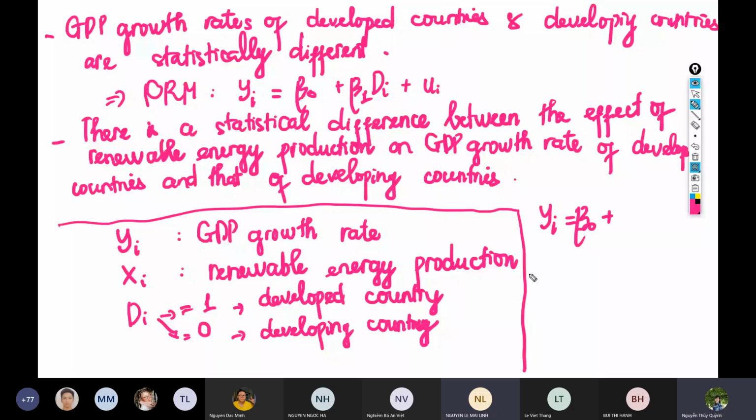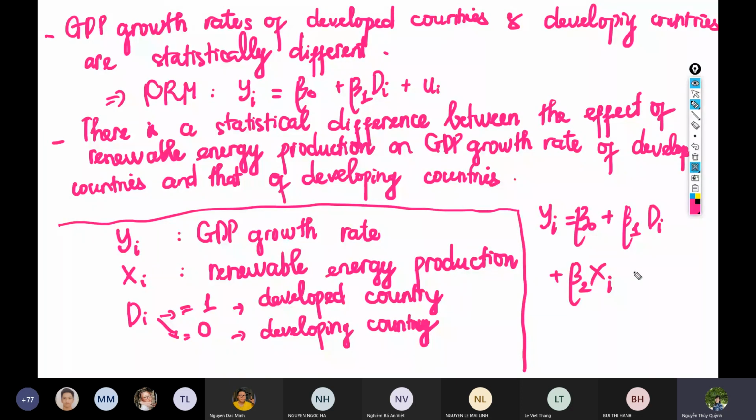DI and SI. Here we may still have xi and di in the model to explain for y. For example, we have beta 1 times di plus beta 2 times xi.